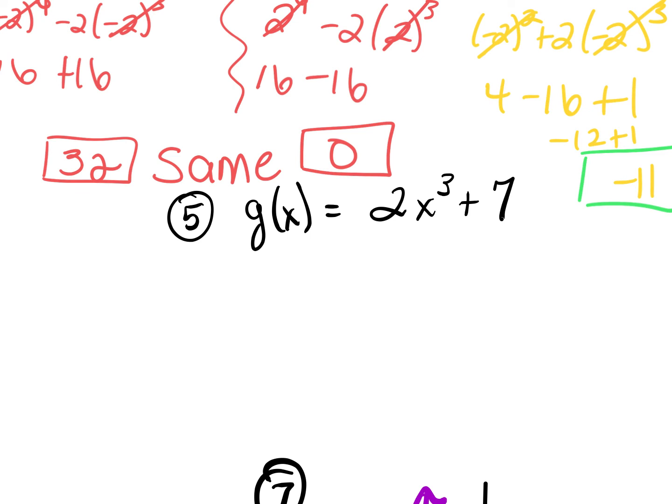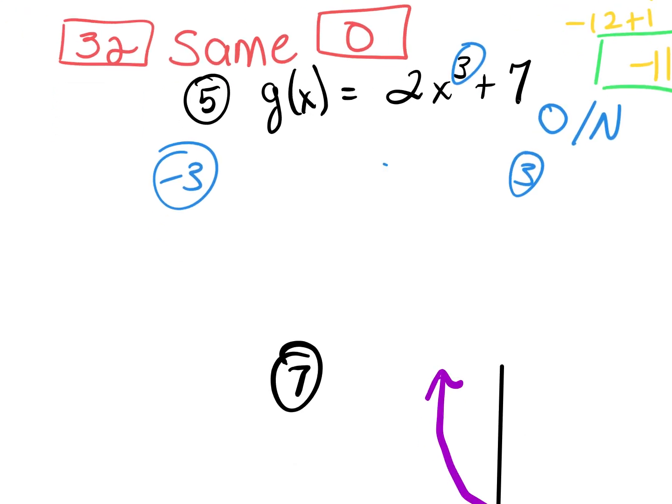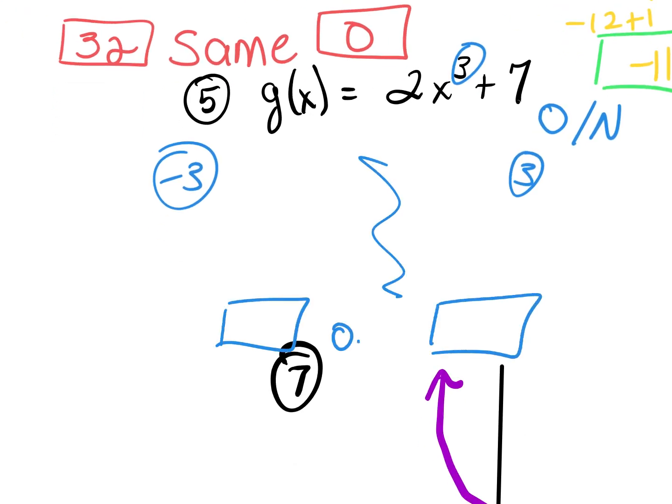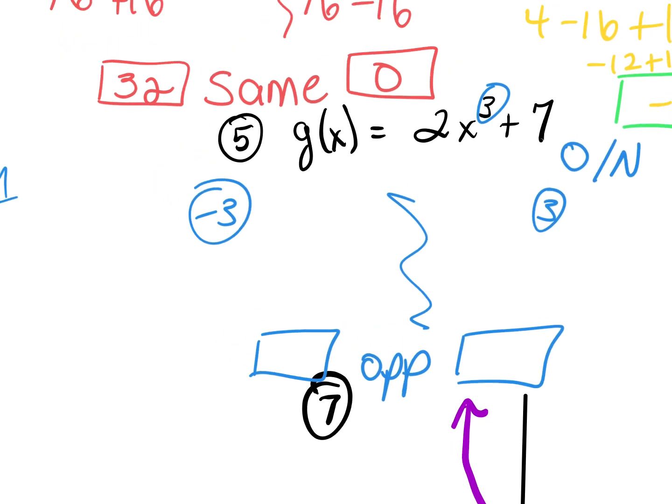Options: odd or neither. Okay, this can be odd or neither. So let's do 3. -3, +3. If this is an odd function, my answers are going to be opposite. Good. So 2 times -3 cubed plus 7.